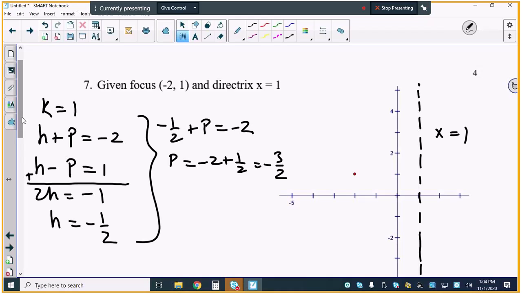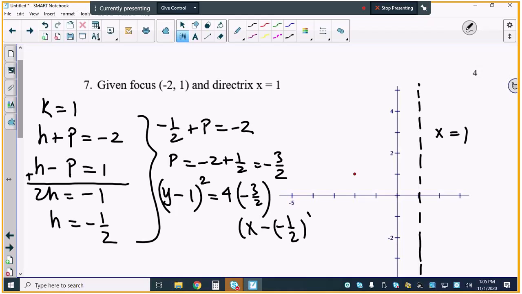So I will say this one is (y minus k) squared. Remember, the y term must be squared as the axis of symmetry is horizontal. It is equal to 4 times p, and p we found out to be -3/2, times (x minus -1/2), which is your h.